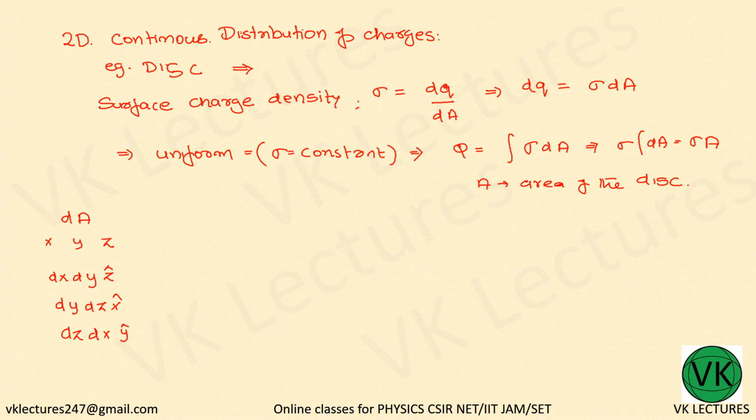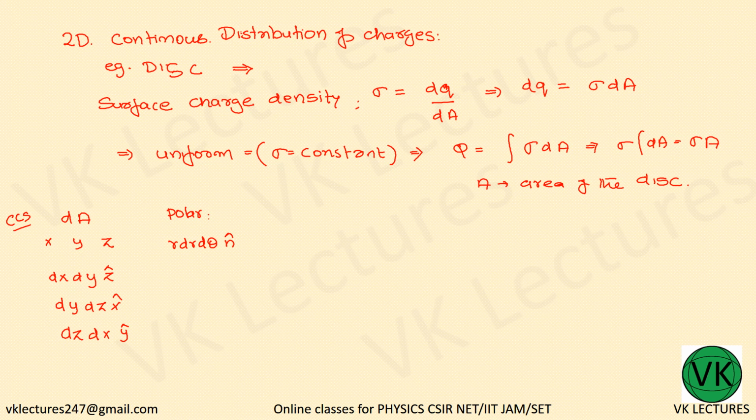And this is for Cartesian coordinate system. Now for polar coordinates, we have r dr d theta, and this will be in the direction of some n cap direction, perpendicular to r and theta.